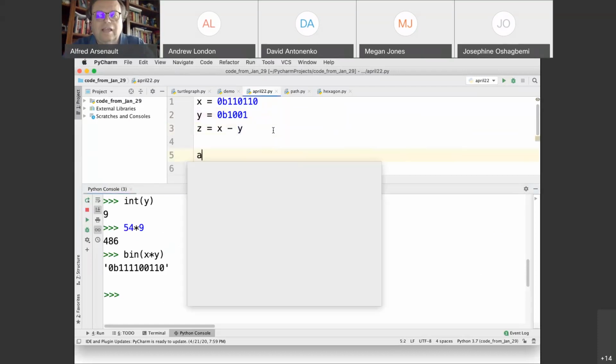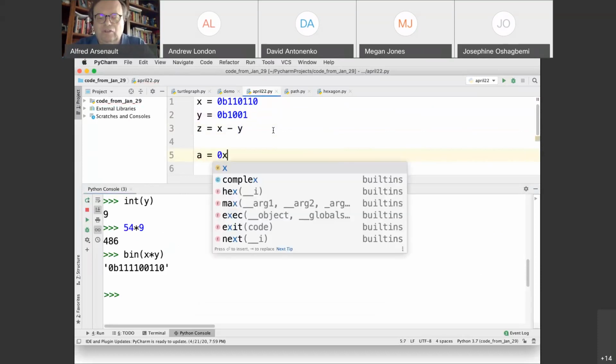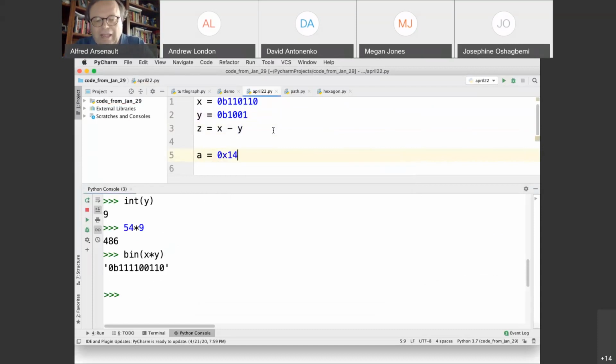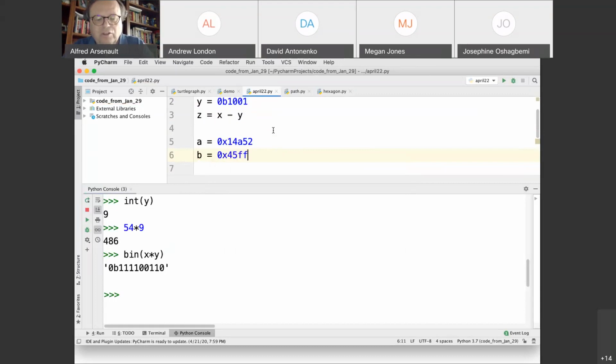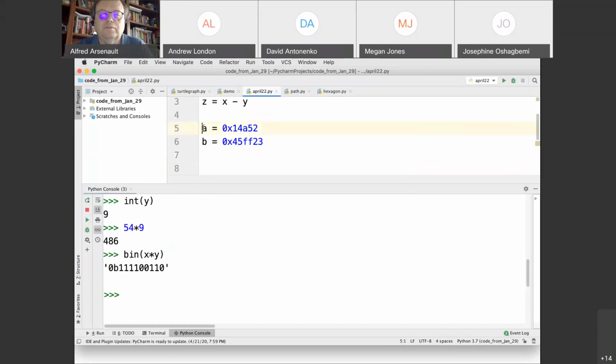So when I say the number, we'll use A equals 0x14A52, that means it's a hexadecimal number. And the variable B is the hexadecimal number 0x45FF23. Okay, so these are two hexadecimal numbers.